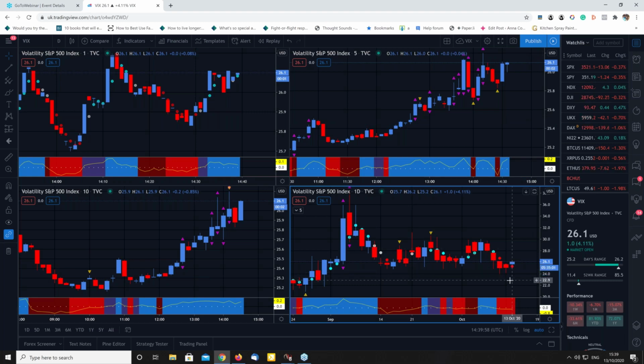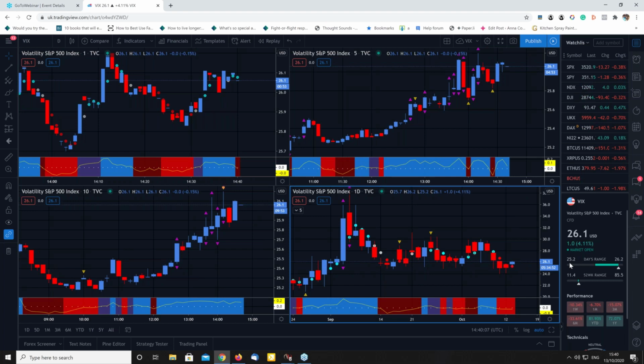But what you're seeing down here on the daily is really this maintenance of this very high position of the VIX up in the 26. This is the daily range down there. This is TradingView, fantastic platform. And we will be porting all the other indicators across as soon as we've finished on TradeStation.